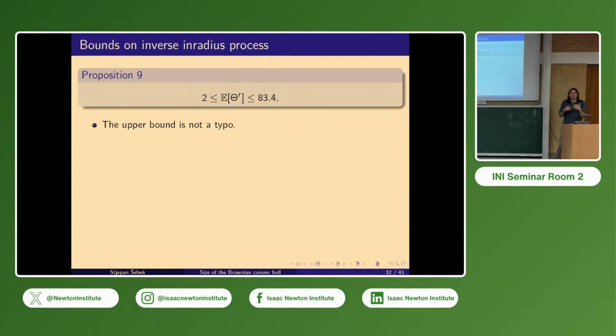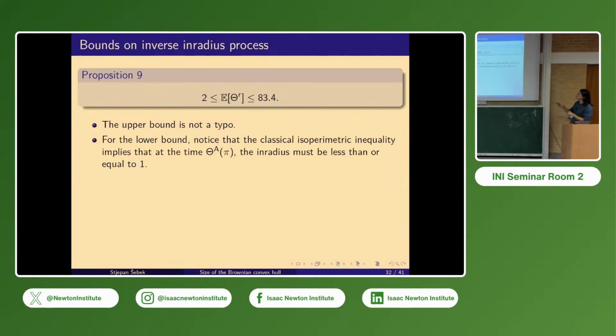So how to be sure that we will be able to fit a ball of any radius inside of our hull? Let's just briefly comment. The lower bound is trivial. It's actually from the classical isoperimetric inequality. So we know that when you reach area pi, if you really reached a circle, your inradius is 1. But if you didn't reach a circle, but some convex body of area pi, then your inradius is still less than or equal to 1.